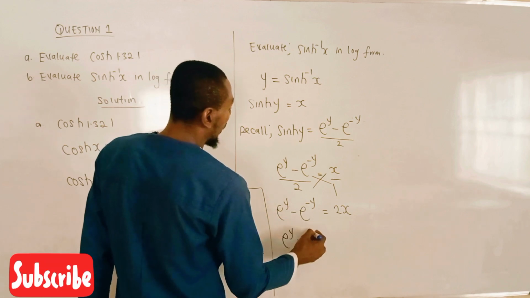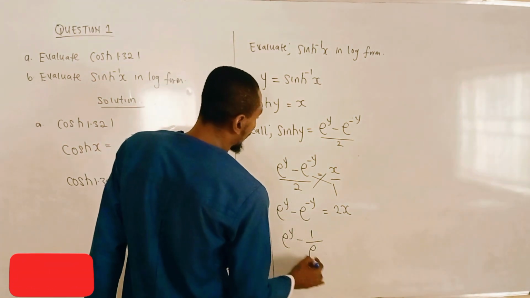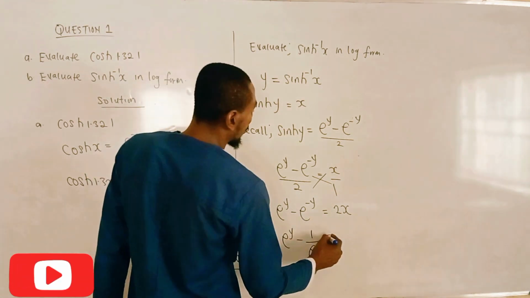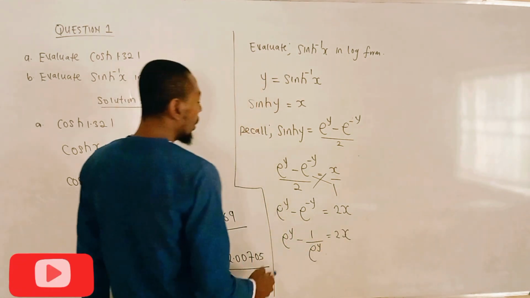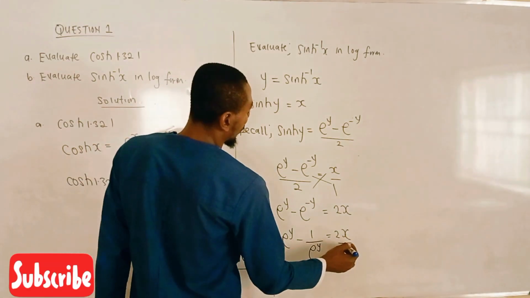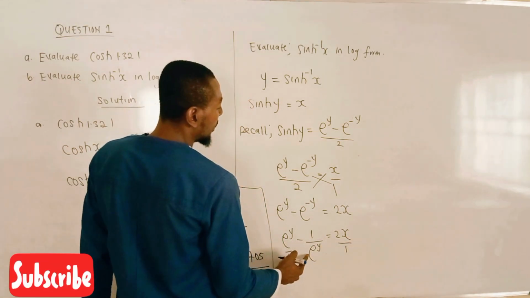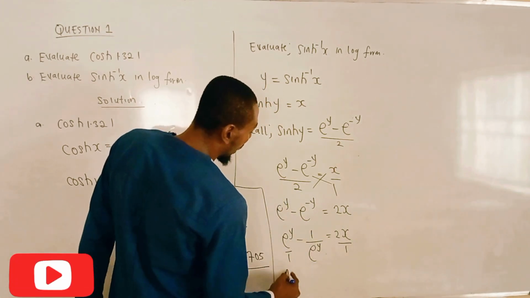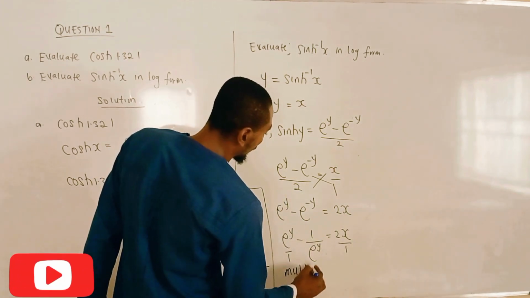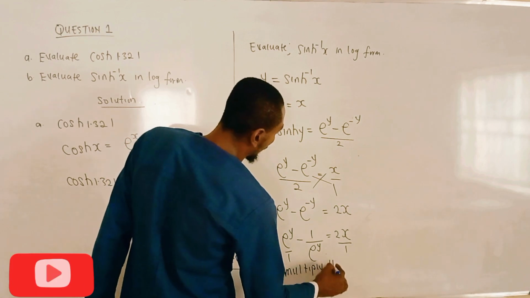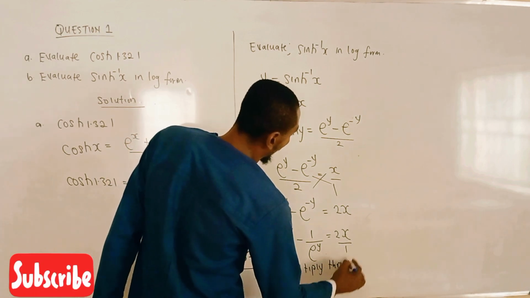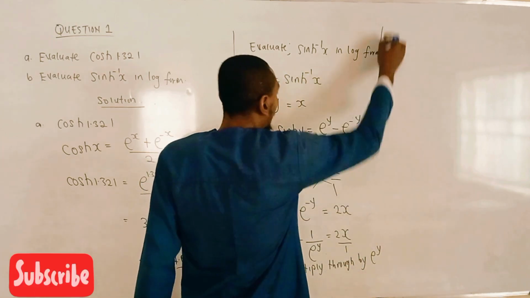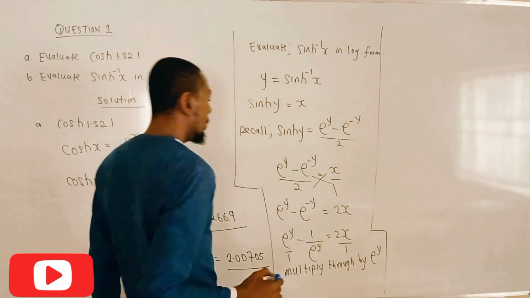To remove the negative, we have 1 over exponential of the positive power, equal to 2x. The LCM of the denominators is exponential y, so we're going to multiply through by exponential y.